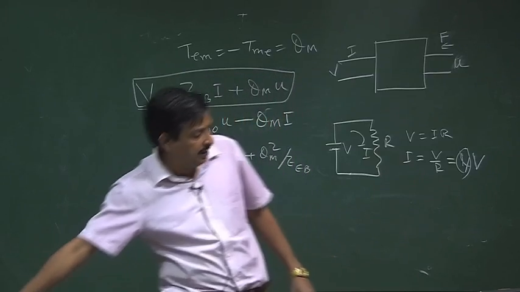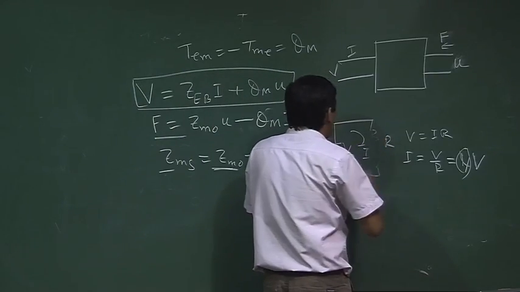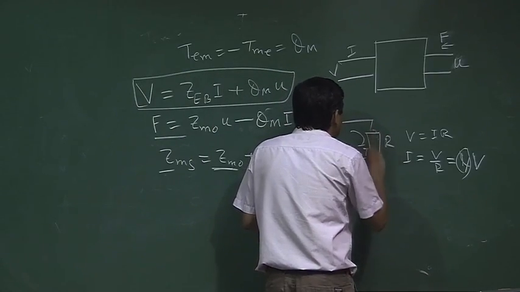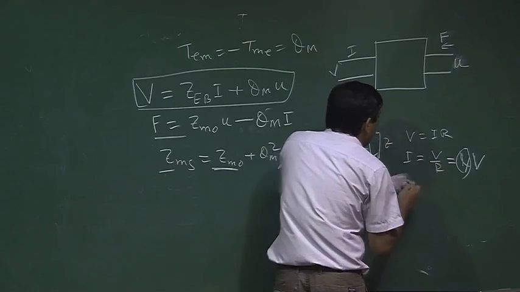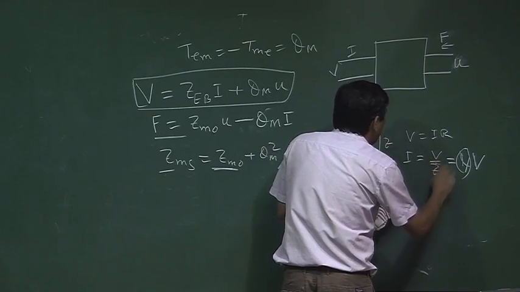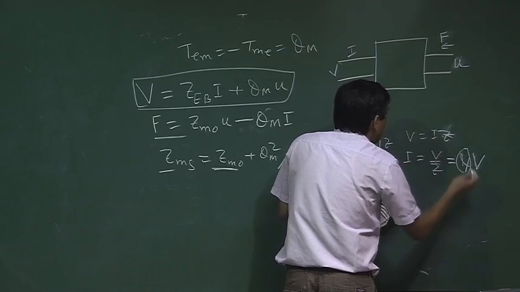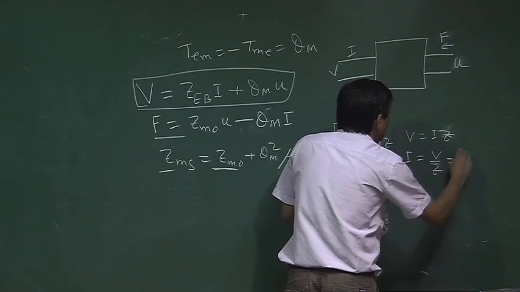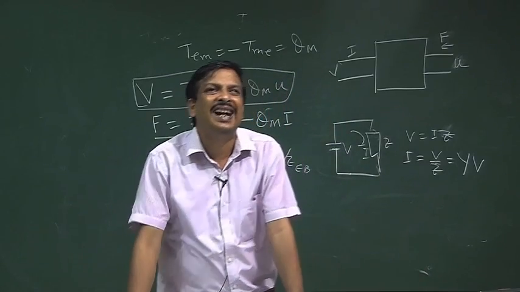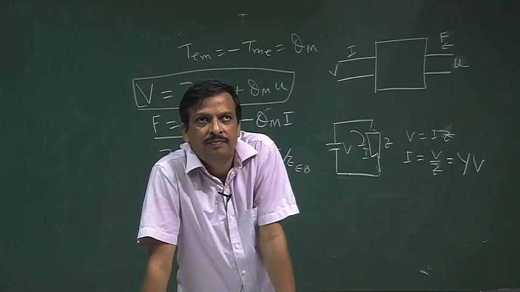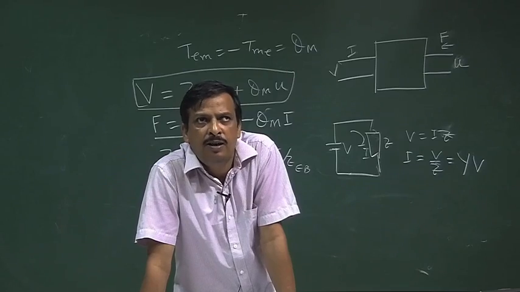If I write a mechanical impedance Z as the load, then it is 1 by Z, which is represented by Y, where Y is called the electrical admittance.